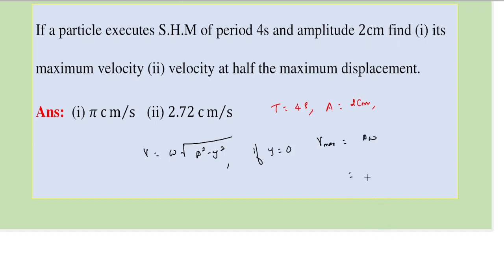Putting it back here, a is given as 2 centimeter, so 2 into 10 power minus 2 in terms of meter, and omega is not given here, rather time period is given. We know that omega is equal to 2 pi by capital T. So we put it back here, it becomes 2 into pi by capital T, which is 4 seconds. So there is 4 in the numerator and this gets cancelled.